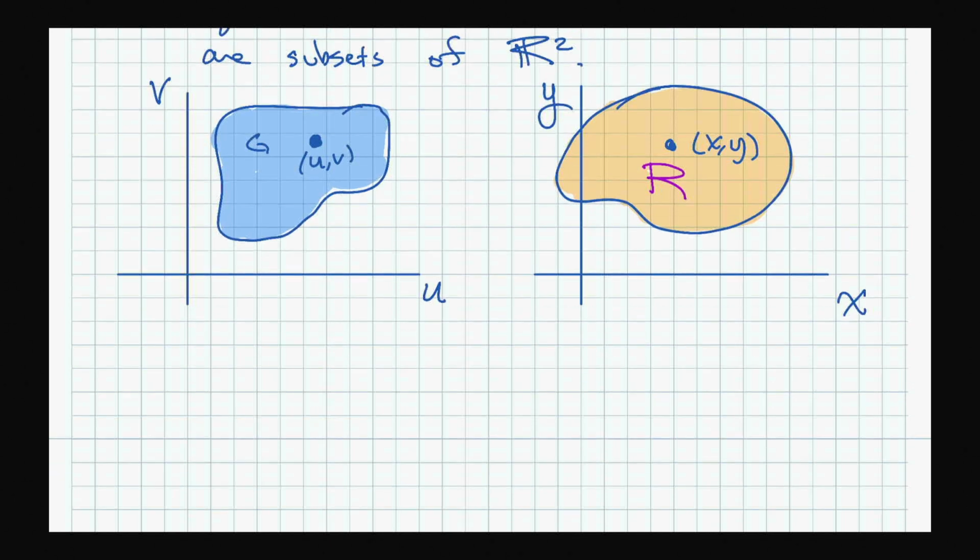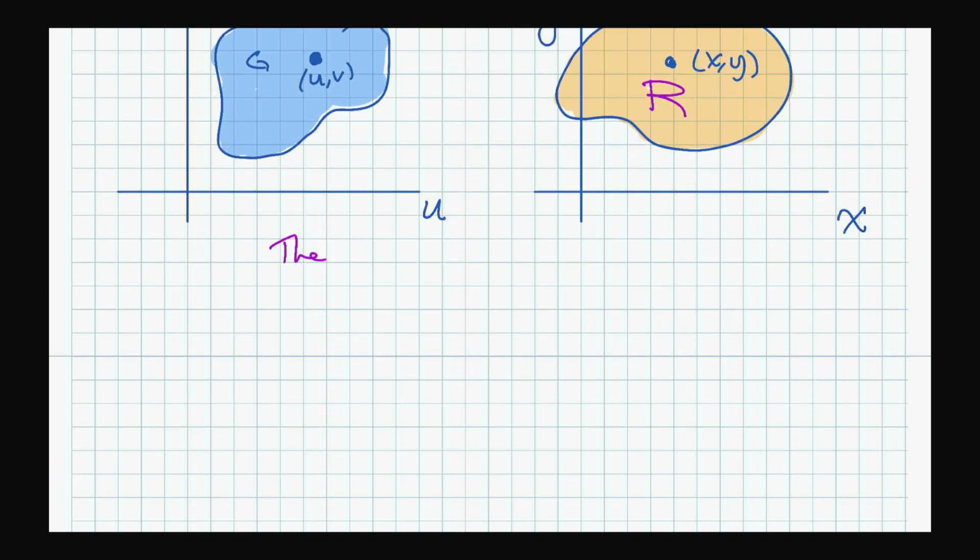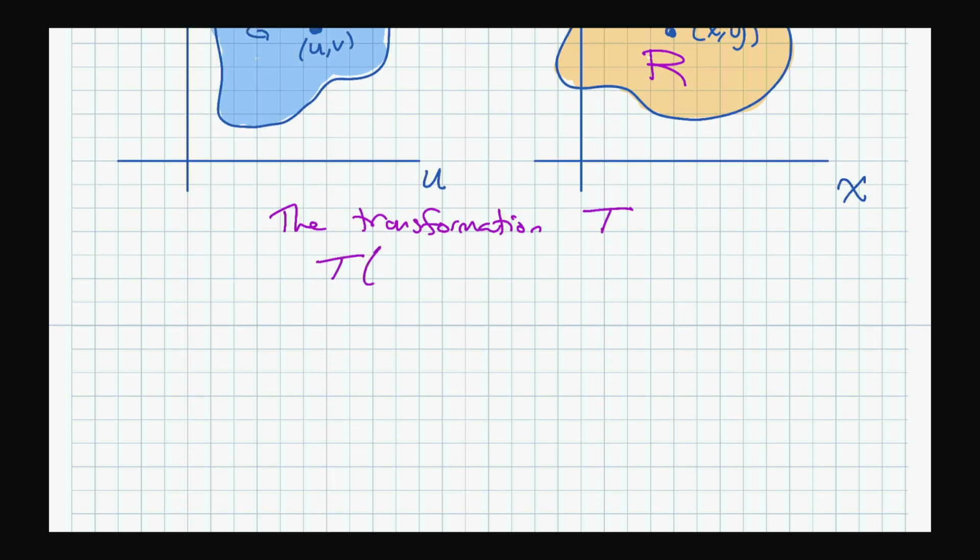So the transformation T does this. You have the transformation T, you plug in your u and your v, and what comes out is x and y.